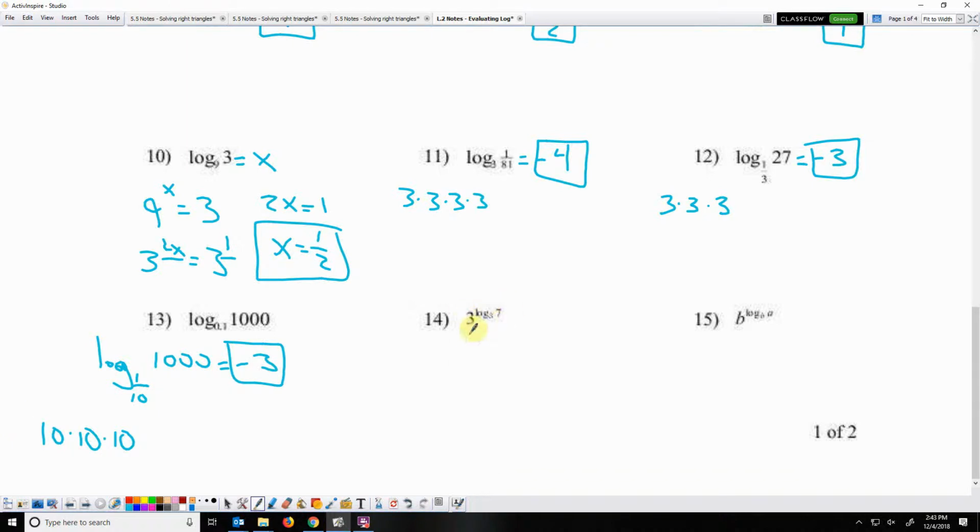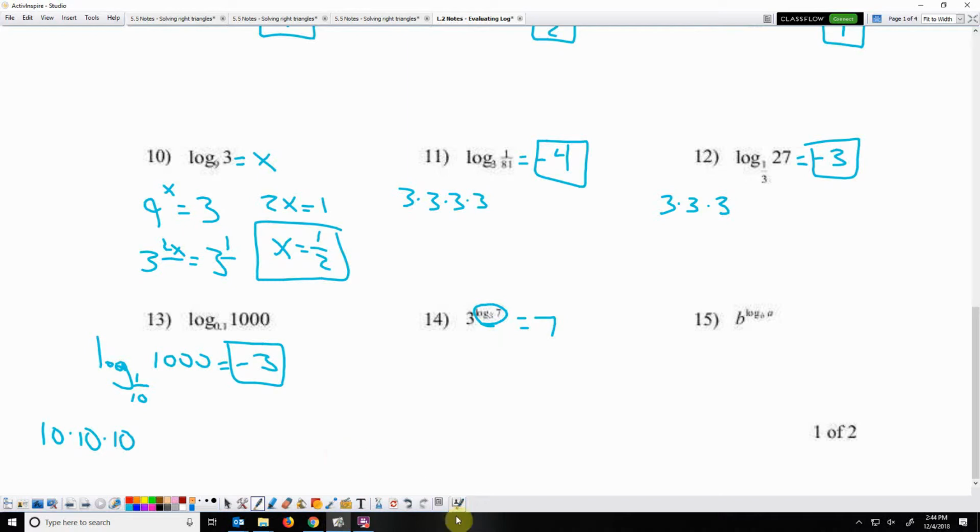Okay, now this next one's a little bit different. 3 raised to whatever power raises 3 to make 7. The answer is going to be 7, but we just need to think about what that question is asking. 3 raised to whatever power, because the value of this log is a power. If I raise 3 to that power, I'm going to get 7.